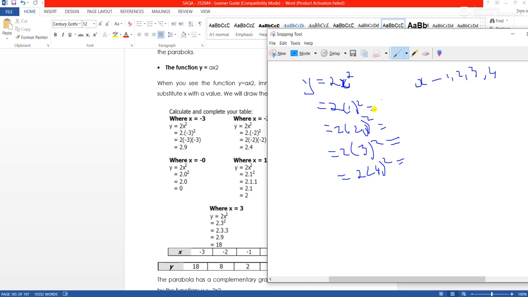Let's quickly do that. This will give us 2. This will give us 8. This will give us 18. This will give us 32.